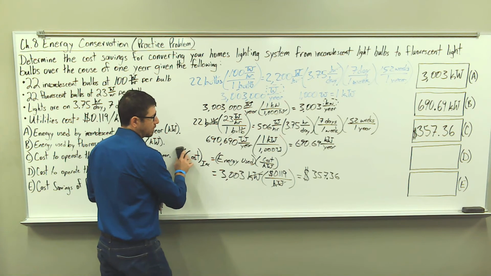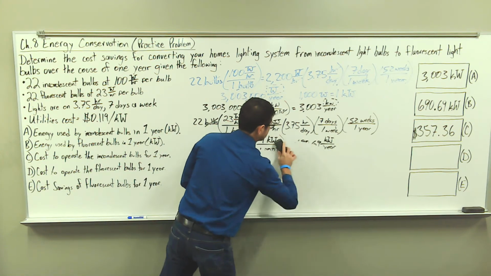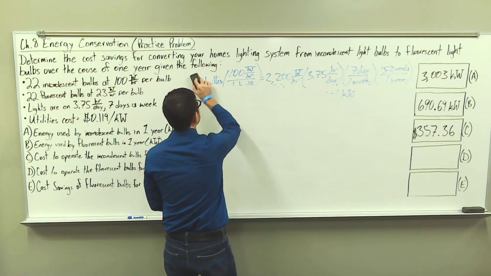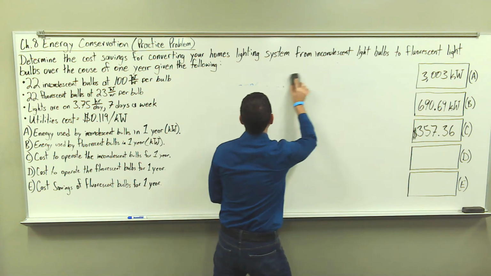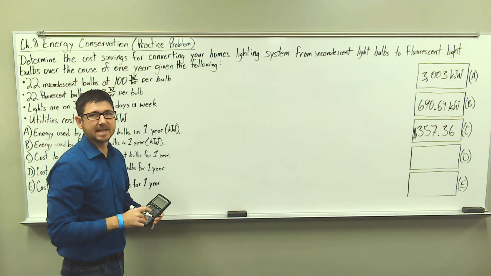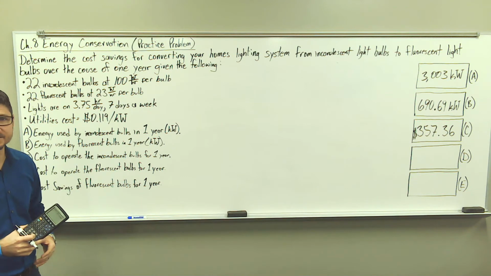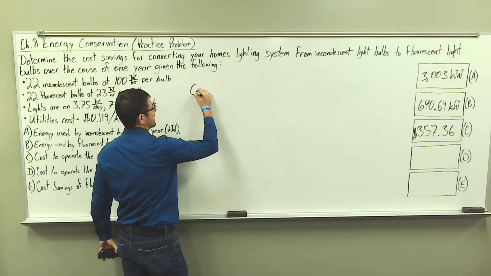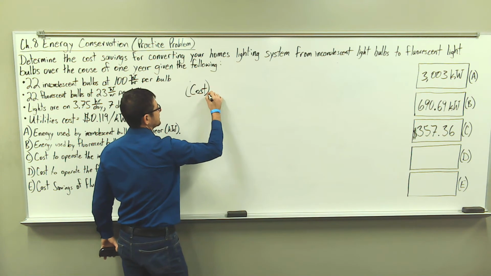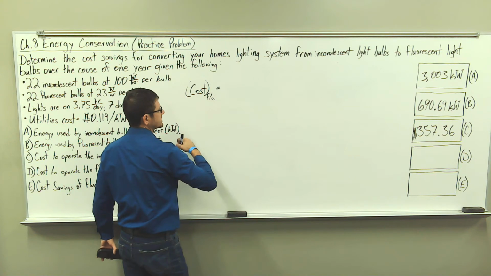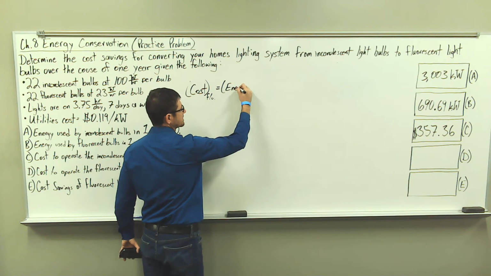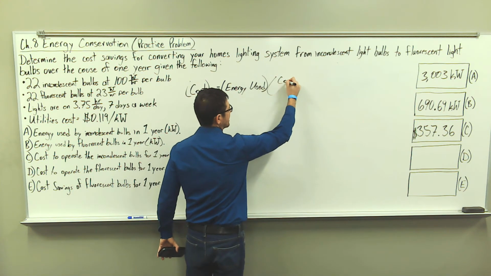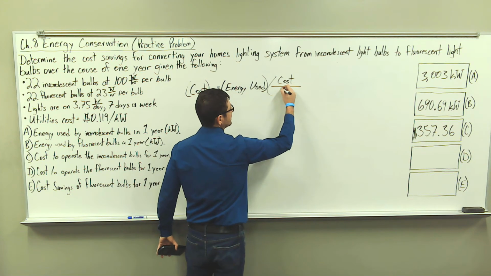Okay, so for part D, it wants us to calculate the cost for the fluorescent light bulbs each year. So I'm going to say cost of the fluorescent light bulbs is going to be the energy used multiplied by the cost per kilowatt.